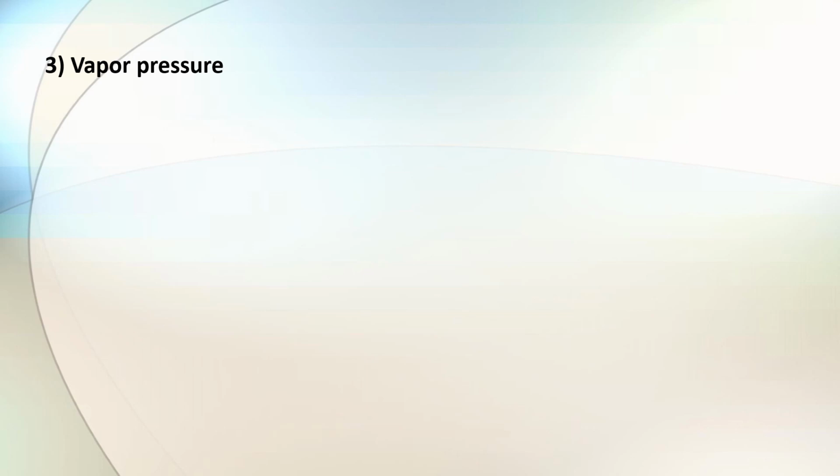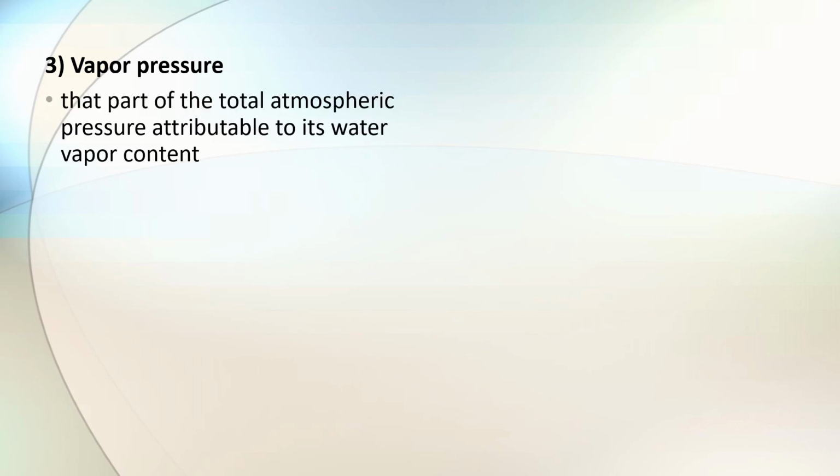So the third expression, or index, of humidity is the vapor pressure. Now, we will learn what vapor pressure is and what its relation to saturation is. So vapor pressure is defined as that part of the total atmospheric pressure attributable to its water vapor content.